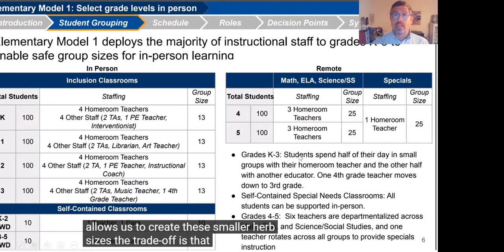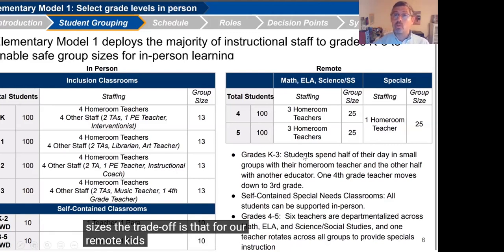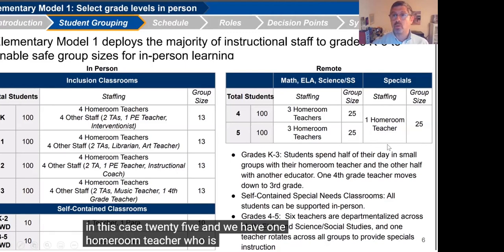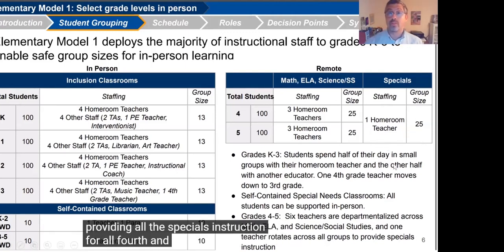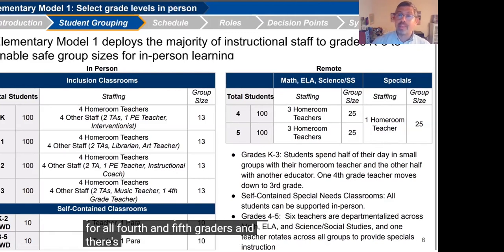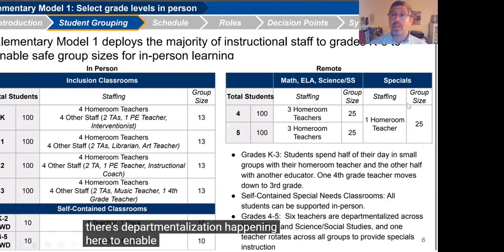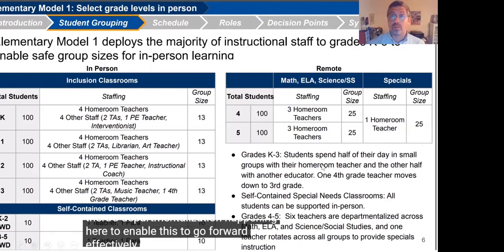The trade-off is that for our remote kids, we have larger group sizes, in this case 25, and we have 1 homeroom teacher who is charged with providing all the specials instruction for all 4th and 5th graders. And there's departmentalization happening here to enable this to go forward effectively.